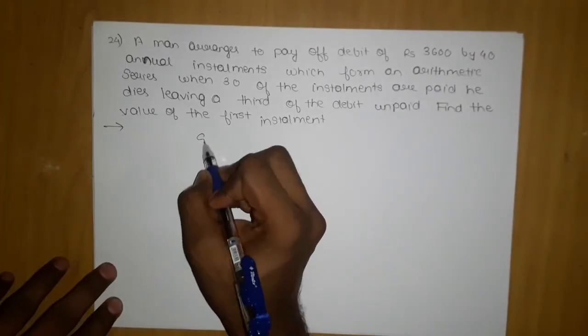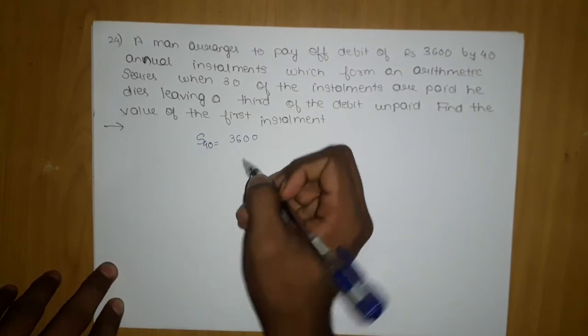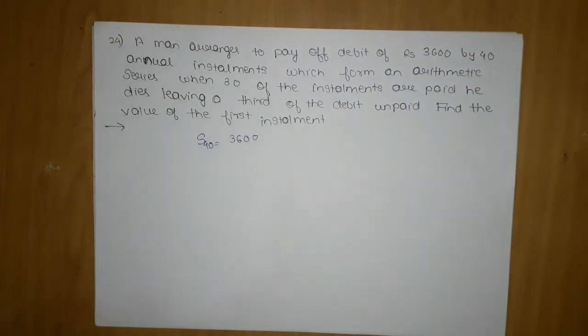Okay, question number 24. A man arranges to pay off a debt of rupees 3600 by 40 annual installments. So S40 is given, totally 3600, which forms an arithmetic series. When 30 of the installments are paid, he dies leaving a third of the debt unpaid.